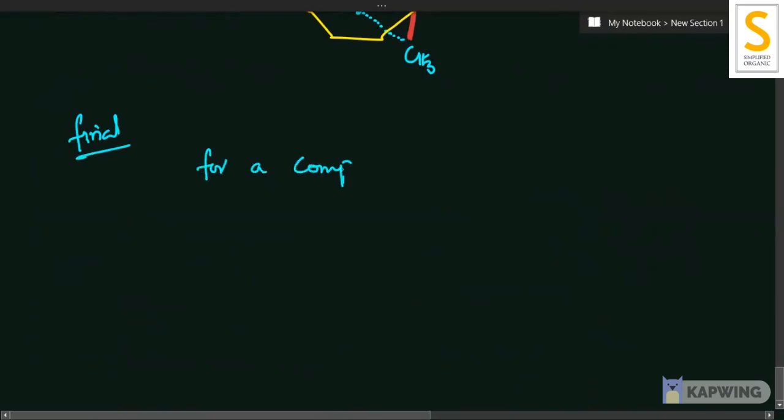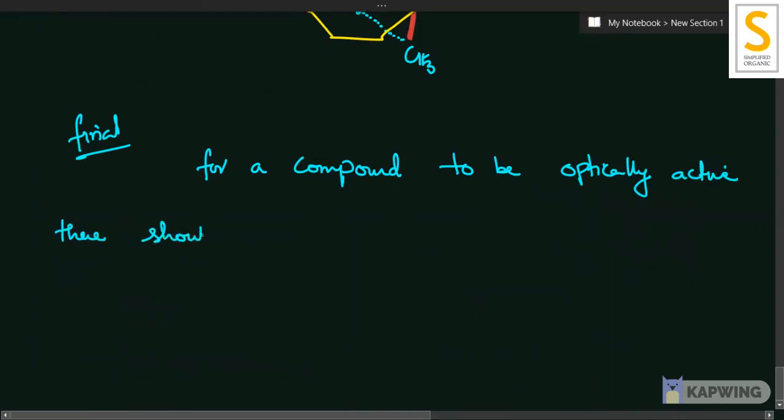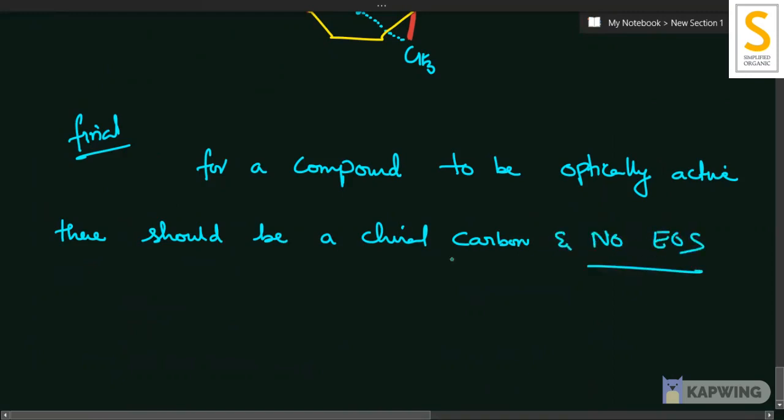For a compound to be optically active, there should be a chiral carbon and no element of symmetry. Then the compound is said to be optically active. Optically active compounds are also called chiral compounds. If I tell you a compound is chiral, it means it is optically active.